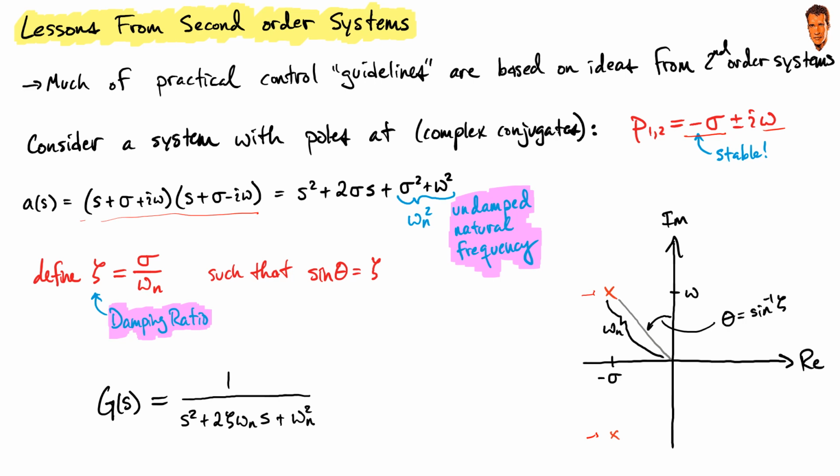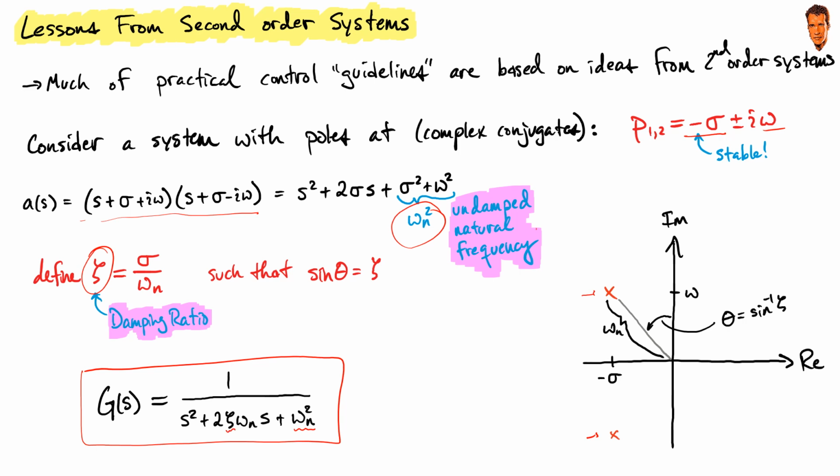And we chose to parameterize those with a damping ratio and a natural frequency, omega n squared. And that led us to a generic format for these systems in terms of this natural frequency and this damping ratio.